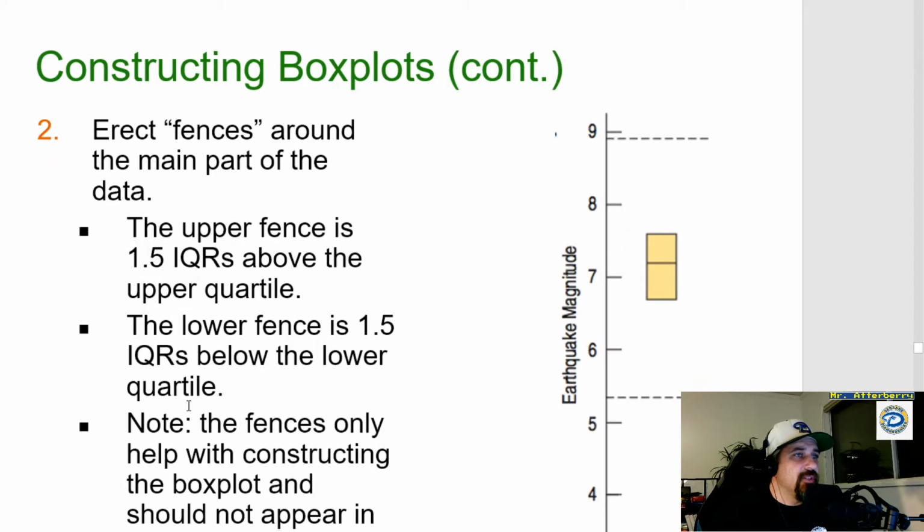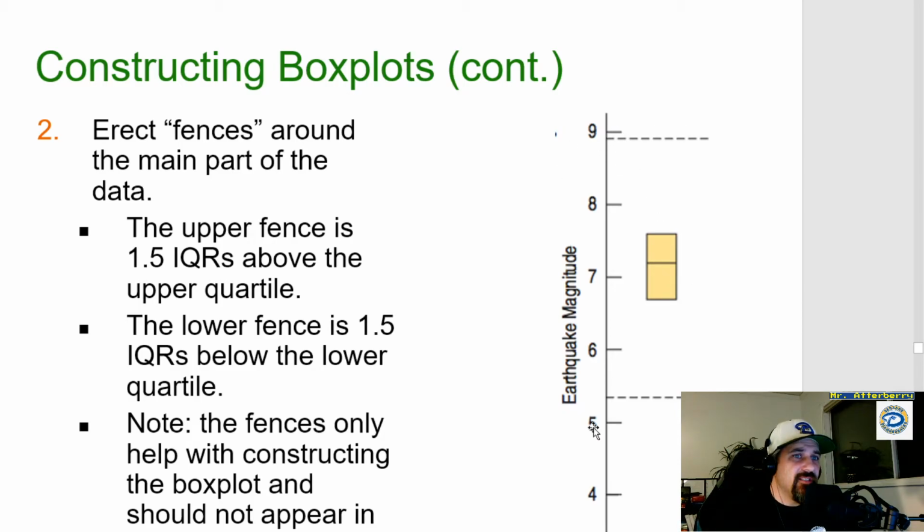Then you draw your fences. You find your fences by doing your IQR, so this third quartile minus your first quartile, that's a number. Take that number, multiply it by 1.5. Now add that number to your third quartile, and also take that number and subtract it from your first quartile.